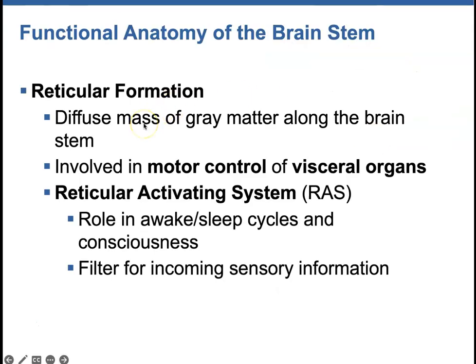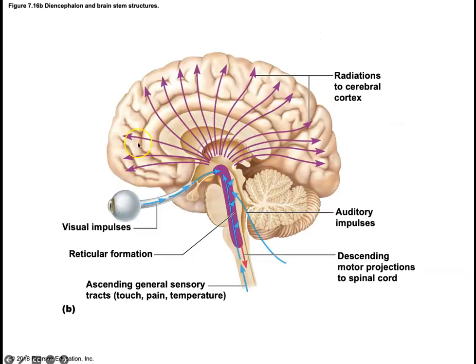Then the reticular formation, last little portion here that is just at the very top of our brainstem, right above the midbrain. This is also involved in terms of motor control of our visceral organs and our consciousness. So this reticular activating system, right, so here's the midbrain, it's right about here. And this piece here is absolutely critical in terms of can you rise to consciousness, right?